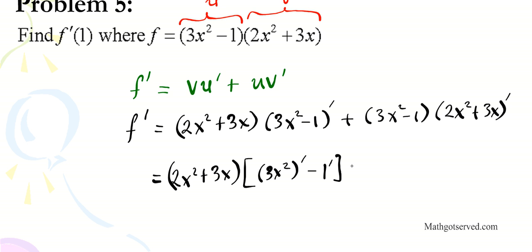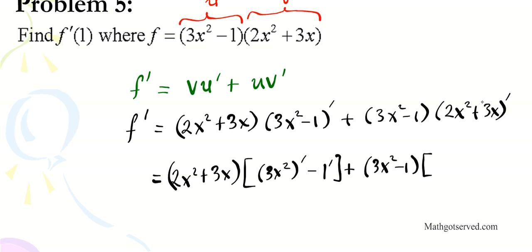Okay, plus, and then bring down this 3x squared minus 1 times. Notice how I'm encapsulating this whole derivative in a bracket. Okay, because we're going to resolve it first and then distribute 3x squared minus 1 to whatever we get. So this side, we're going to use the sum and difference rule again.